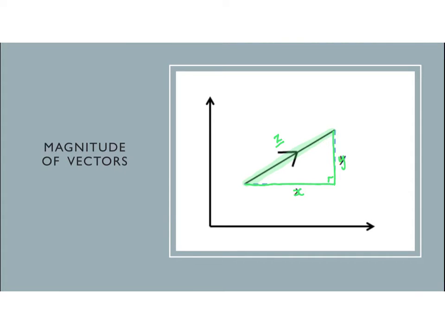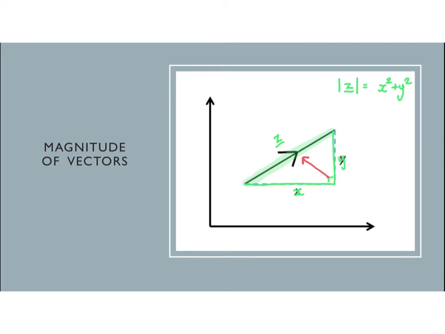To find the magnitude, which is the length of that line, you would be doing Pythagoras. We're finding the hypotenuse because the hypotenuse is opposite the right angle.